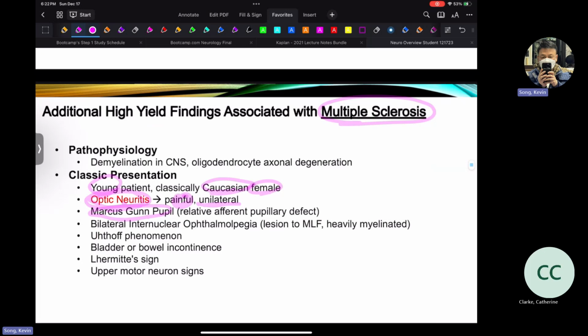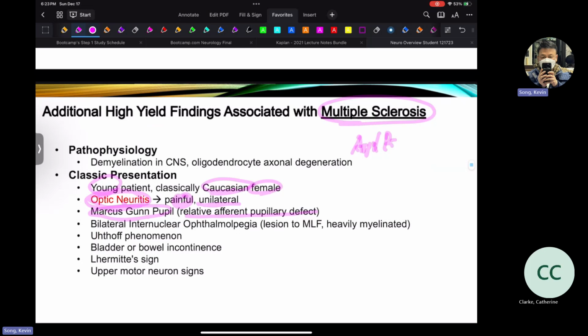Marcus Gunn pupil is, if you go into neurology in more detail, you will learn it as a relative afferent pupillary defect. But let me explain in layman's terms. The Marcus Gunn pupil and the Argyll Robertson pupil are basically very similar.